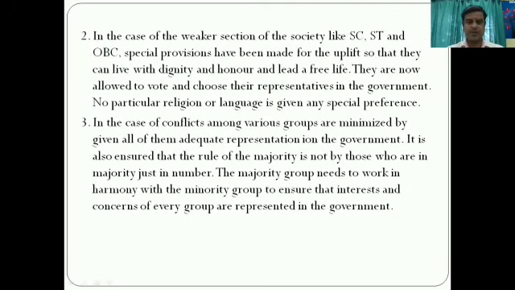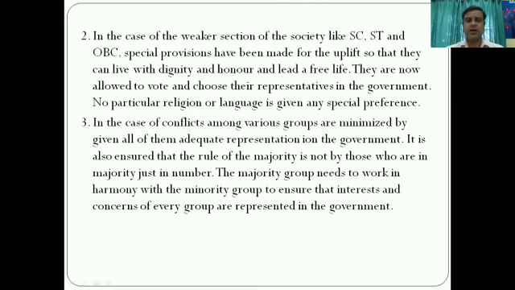In the second example, in the case of weaker sections of society like SC, ST and OBC, special provisions have been made for their uplift so that they can live with dignity and honor and lead a free life. They are now allowed to vote and choose their representatives in the government. No particular religion or language is given any special preference.